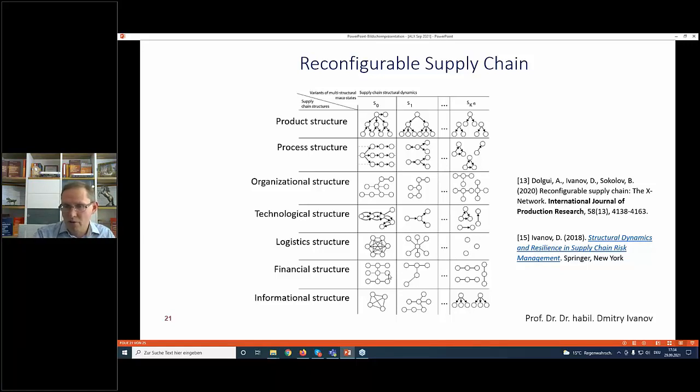Inflation is a huge disruption for the supply chain, and disruption in financial structure has direct impact on organizational structure, so on logistics structure, on process structure. So the same in information structure, cyber attacks, cyber risks, cyber resilience. This is something what becomes more and more important considering the growing importance of digital technology in the supply chain.